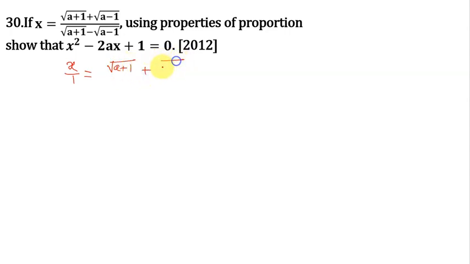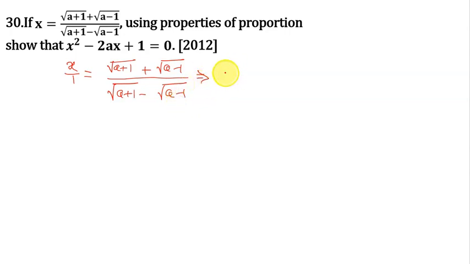√(a+1) + √(a−1), and this whole divided by √(a+1) − √(a−1).